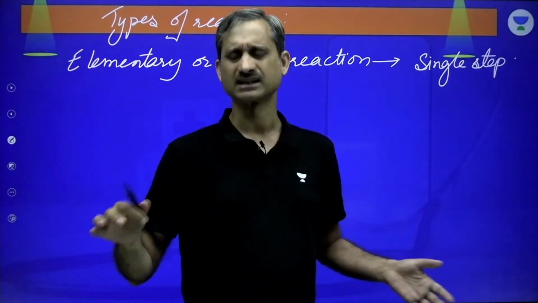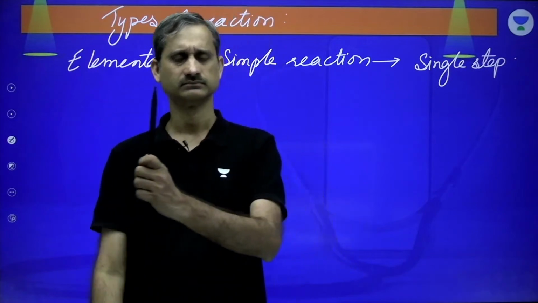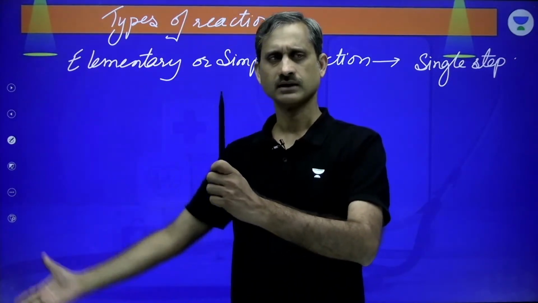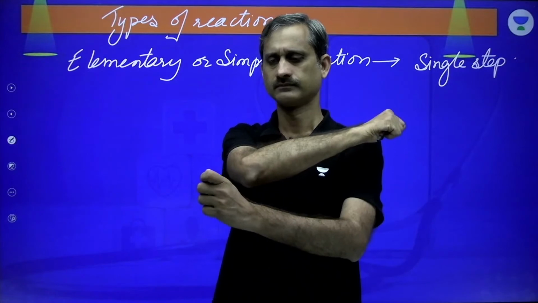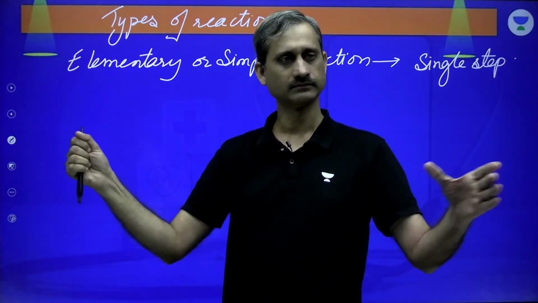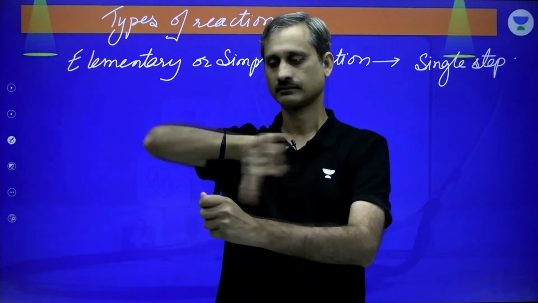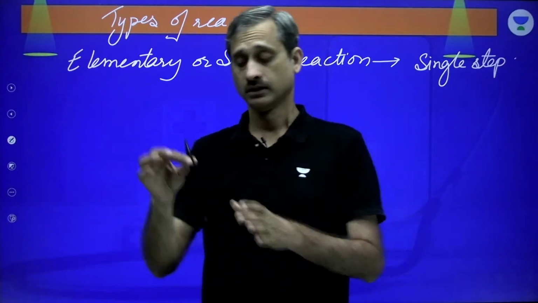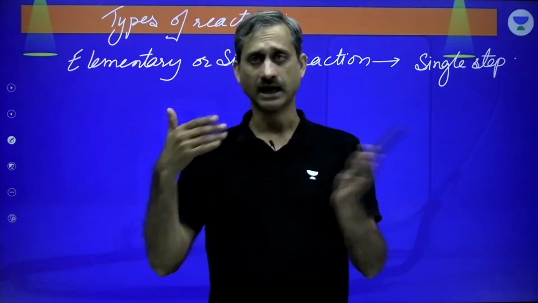Now, I'll just take an example. See, I have the pen in my hand. It's quite visible. Is it okay? Now, I take the other hand. What is happening is, I'll do it a little slow.